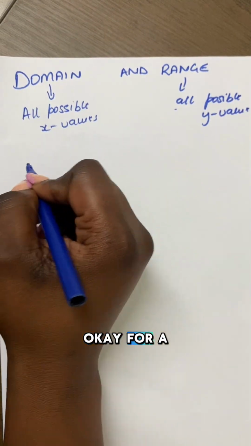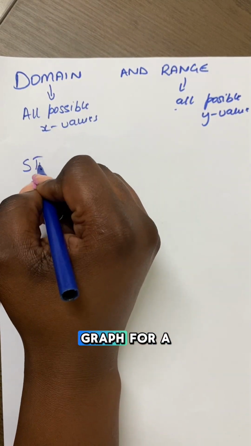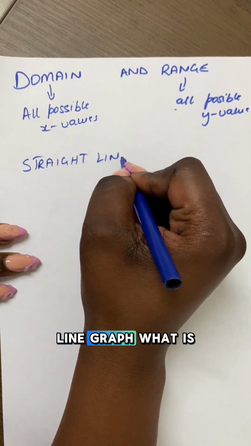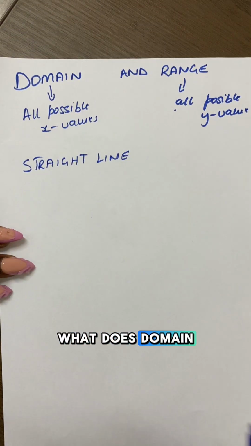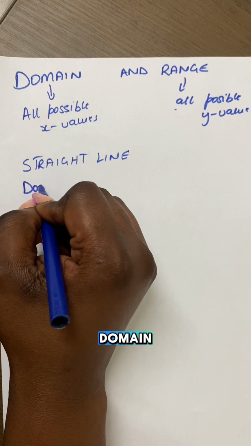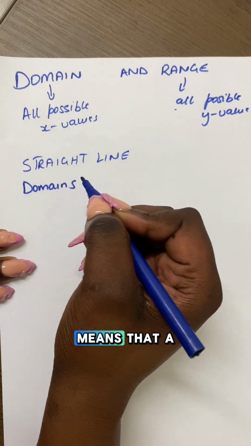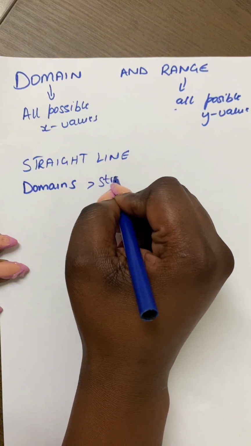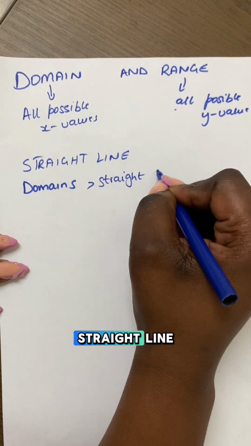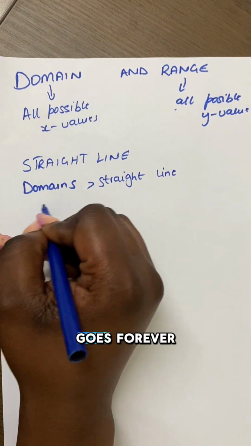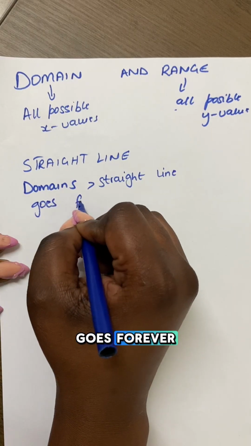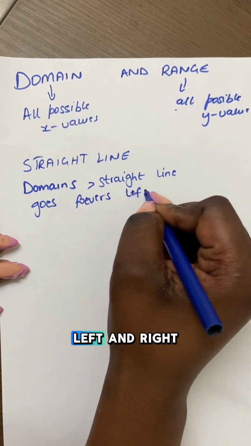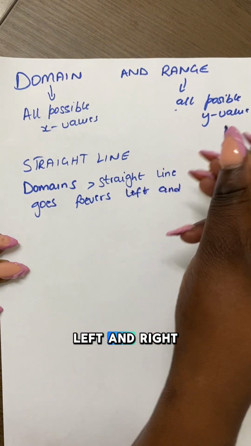Okay, for a straight line graph, what is a domain? What does domain mean? Domain means that a straight line goes forever left and right.